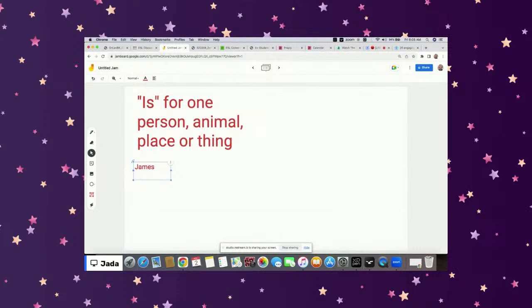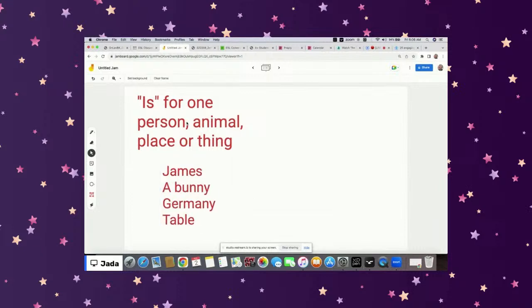And then when you want to say one animal also, it could be rabbits, so a bunny. Place could be Germany, and then a table.